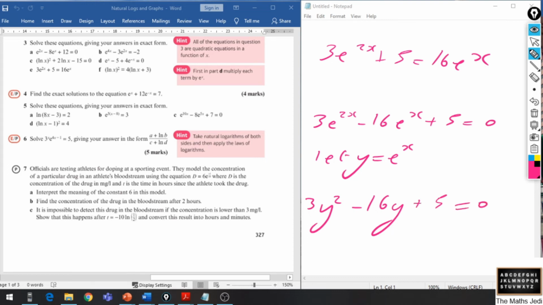So if I let y equal e to the x, this is y squared, that's just y on its own. When you get to here, you can factorise the quadratic as normal, work your way through, and then work out your values of x. So that's the steps to go through.